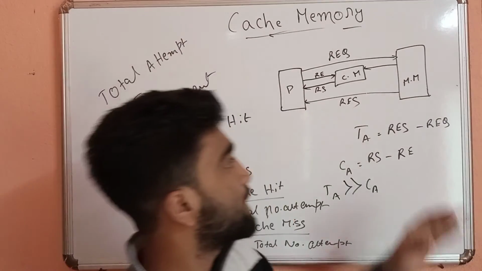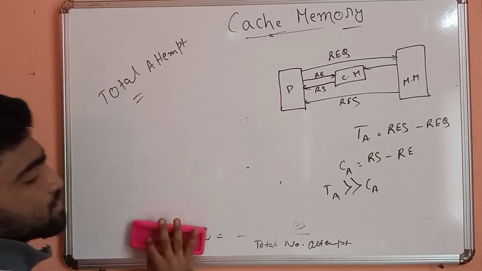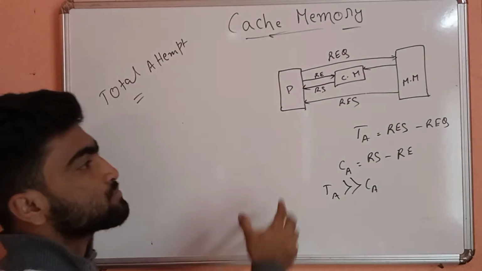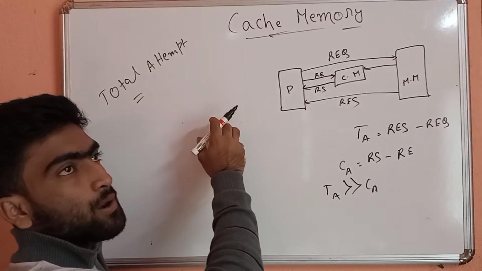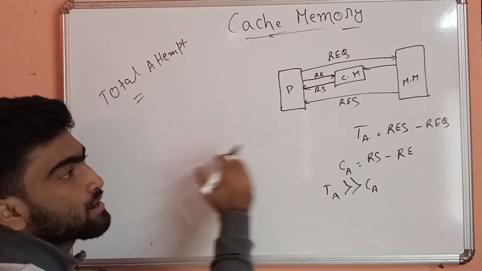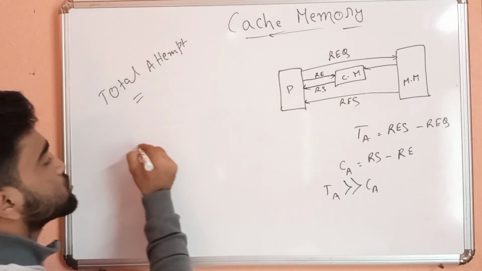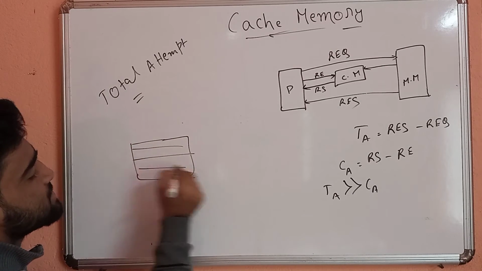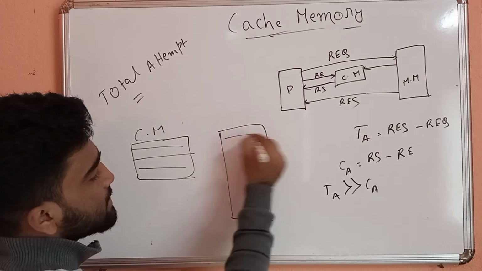Now, as our cache memory lines are limited compared to the main memory, as we know, main memory is much bigger in storage capacity. In the memory hierarchy we have seen, cache memory is higher in the hierarchy and main memory is lower. That means the storage in main memory is much higher than the cache memory. So we have a limited number of lines in cache memory, but many more lines in main memory.